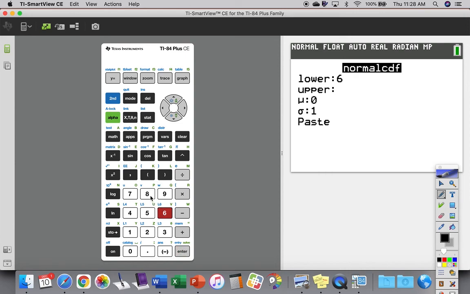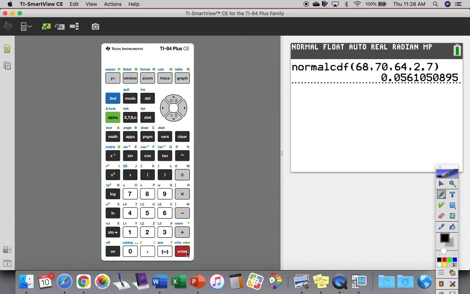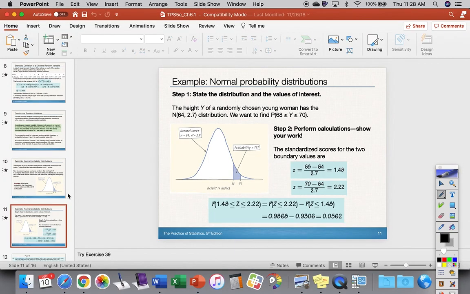We're going from 68, we're going to 70. The mean was 64, and the standard deviation was 2.7. This is how we can find area under the curve for a random variable of one person's height, one female's height over many, many repetitions, 0.056. And we go back and we see they got 0.056.